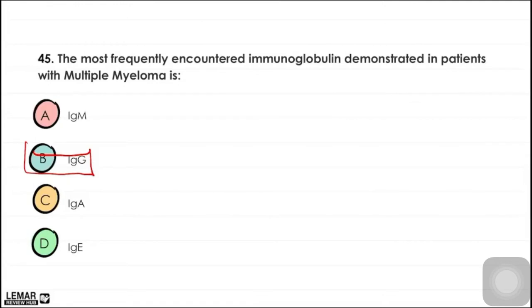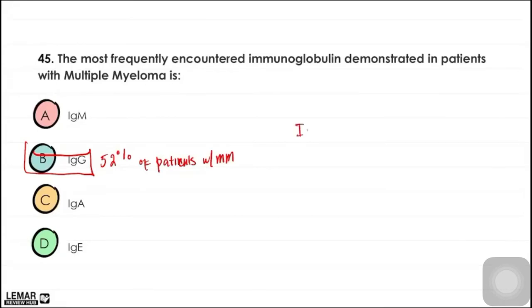IgA occurs in 22% of patients with multiple myeloma. IgE is rare. Kapag IgG, they are present in 52% of patients with multiple myeloma.